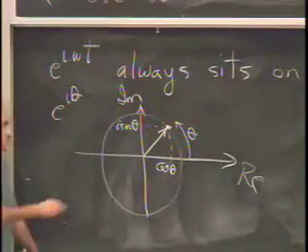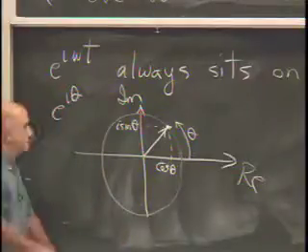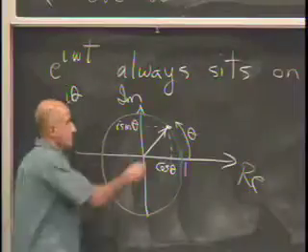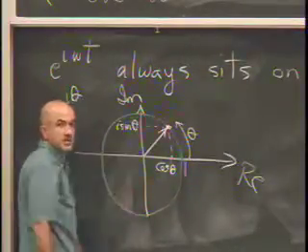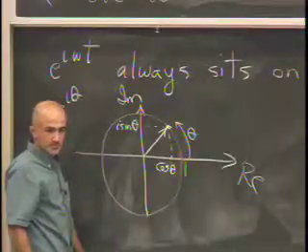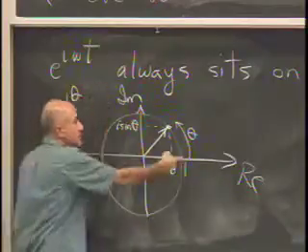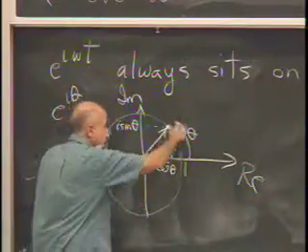It's the arrow that's making an angle theta with the positive reals. It's sitting on the unit circle. This is a circle of radius 1. So when I project it, I get cosine. When I project it this way, I get sine. That's from high school trig. Okay? So e to the I theta is the point on the unit circle that makes an angle theta with the positive real axis.